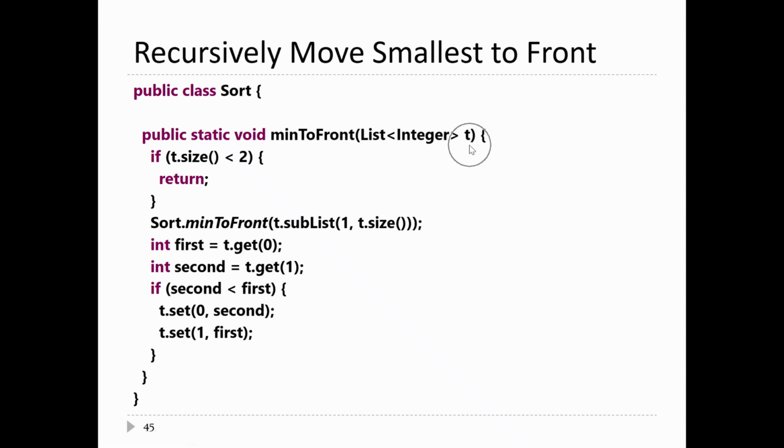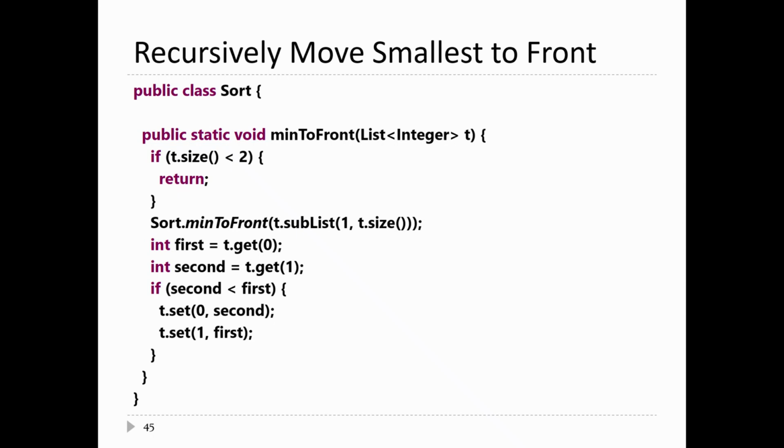If T is empty, there's nothing to do. There is no smallest element, so I don't have to do anything. You might consider throwing an error, indicating an exception or something like that, but the most expedient thing to do is just to do nothing.